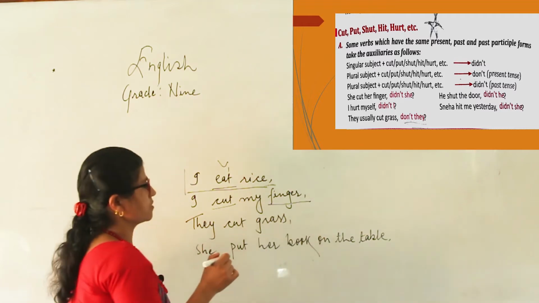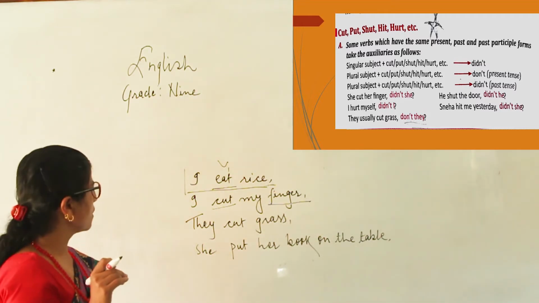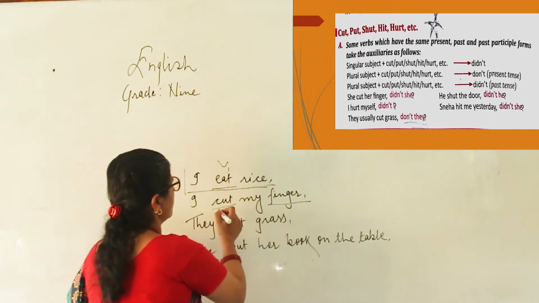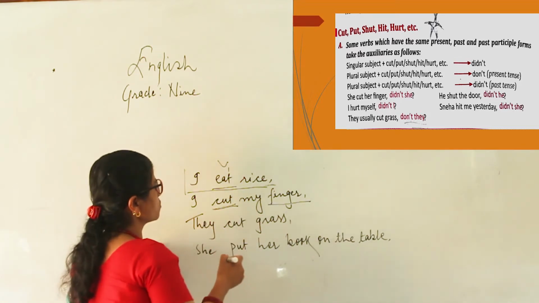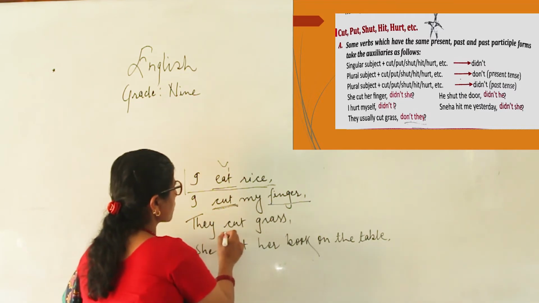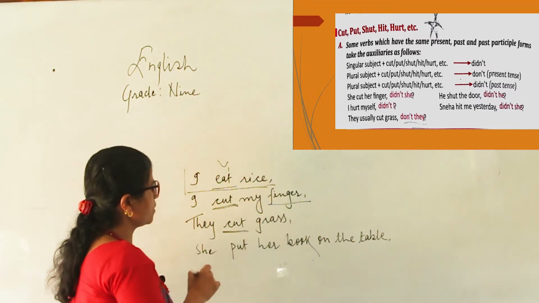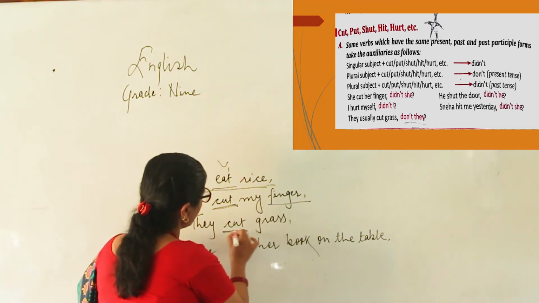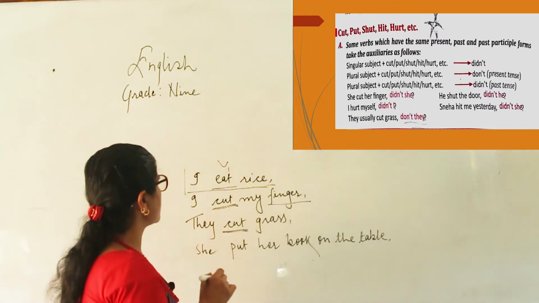What does it indicate? The action is completed, and it was done in past time, so it indicates past tense. And they cut grass. Here we can see cut is there again. Which tense does it indicate?